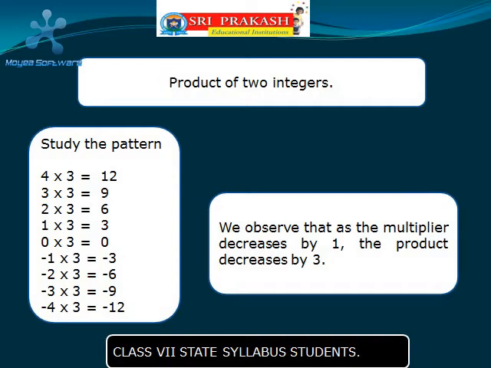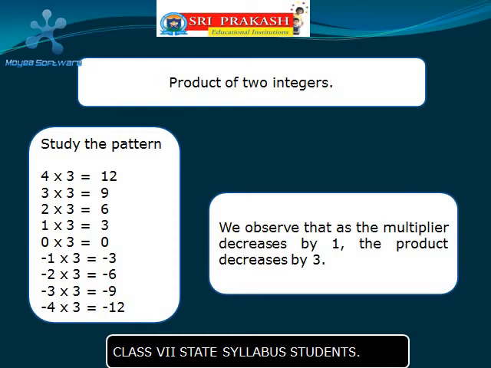Minus 1 into 3, if we decrease 3 from 0, that means we should go 3 units below 0, we get minus 3. In the same way, minus 2 into 3, again we decrease 3 from minus 3, then we get minus 6.